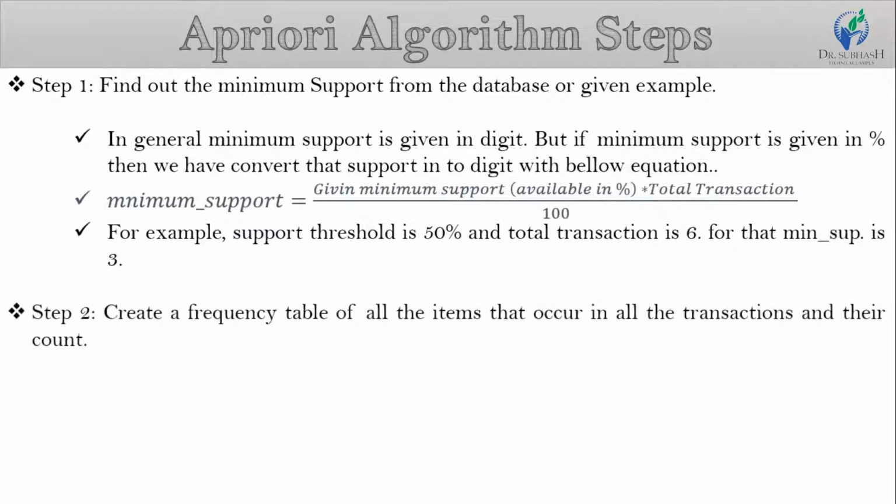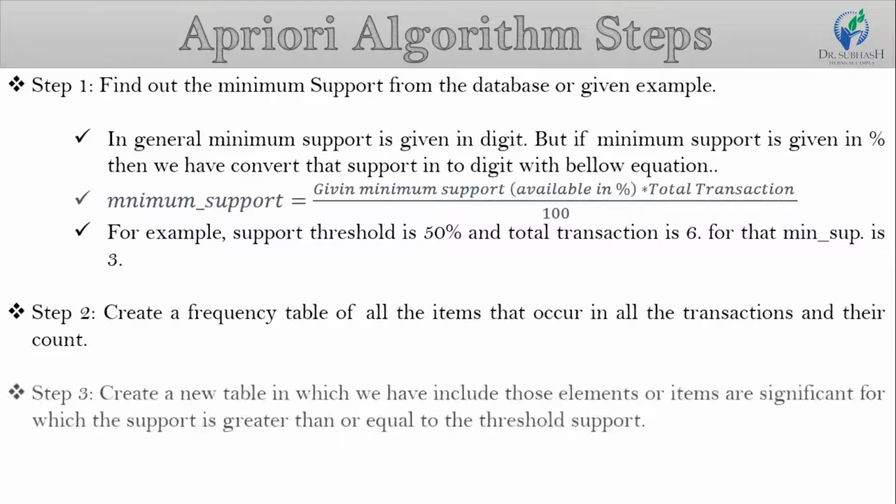Now, in the second step, create a frequency table of all the items that occur in all the transactions and their count. Now, in the third step, create a new table in which we include those items that are significant, for which the support is greater than or equal to the threshold support.